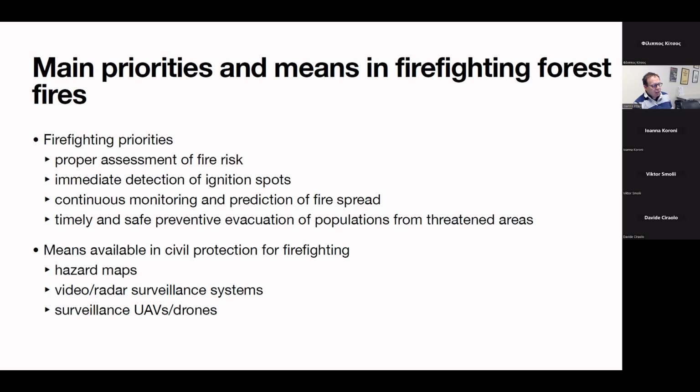So all these are main priorities, and we have various means to implement today.